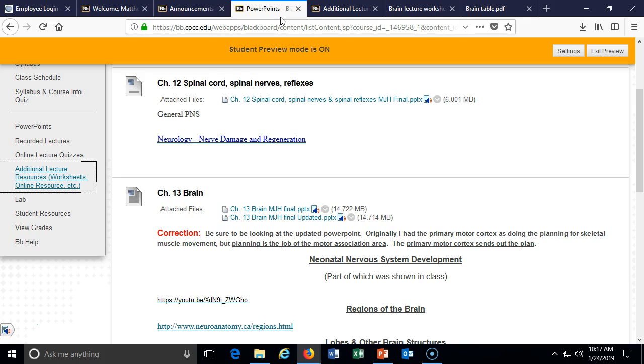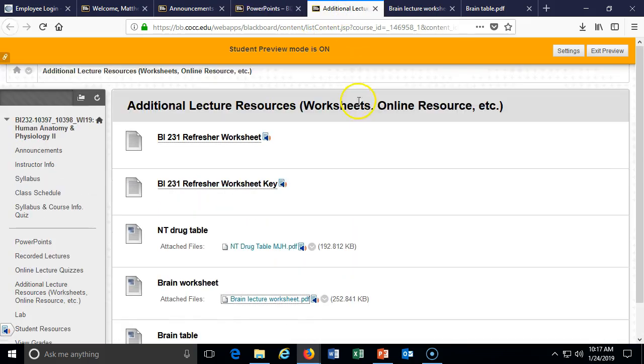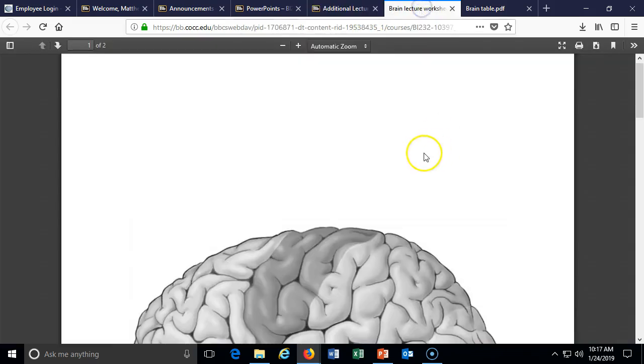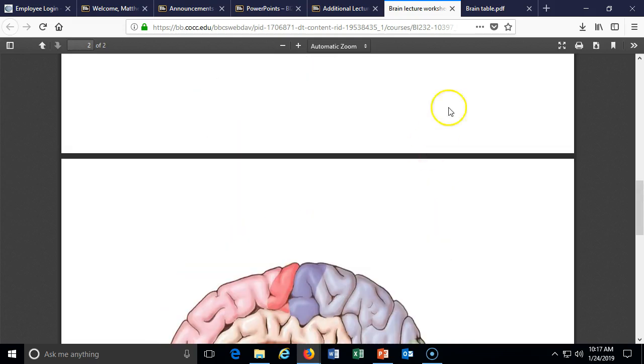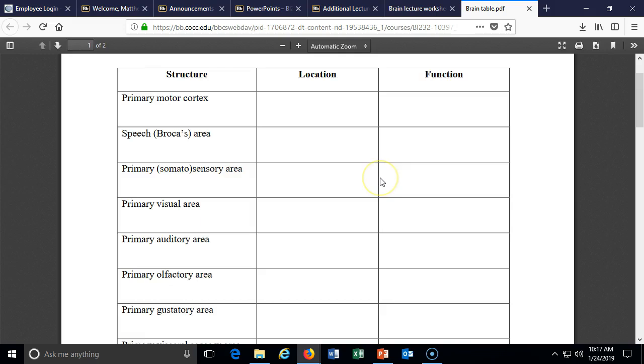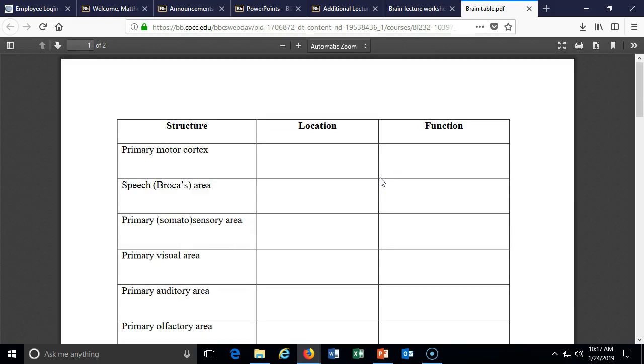For those that haven't taken a look at some of the additional lecture resources, there's a brain lecture worksheet, so you can go in here and label structures, figuring out where they're located. There's also a brain table to help you study, so you can write what some of the major functions are of the structures we're talking about.